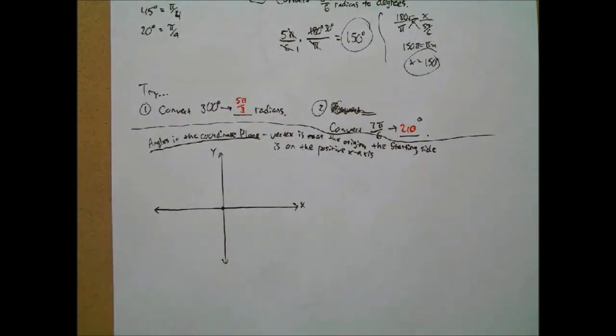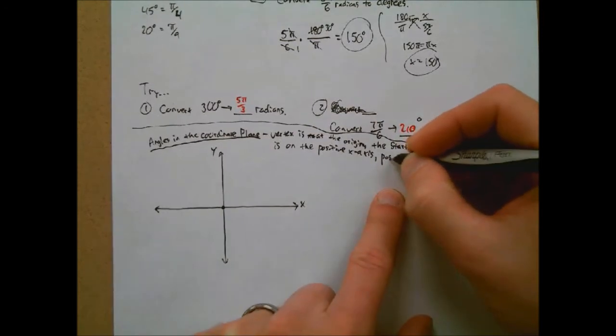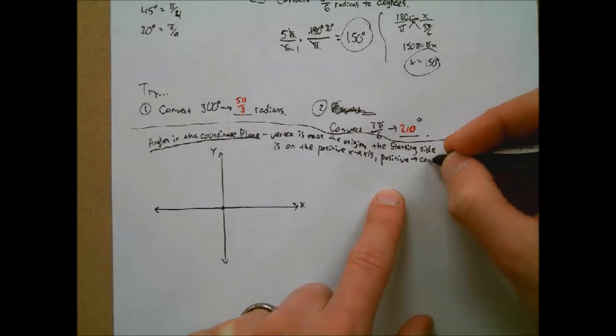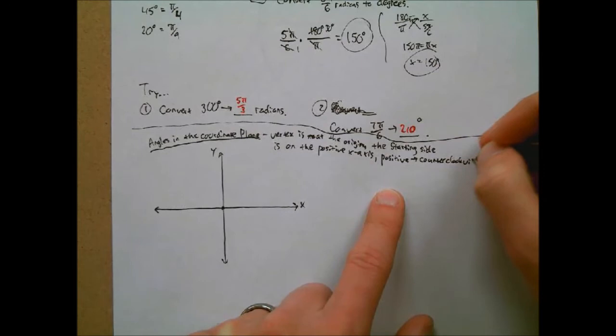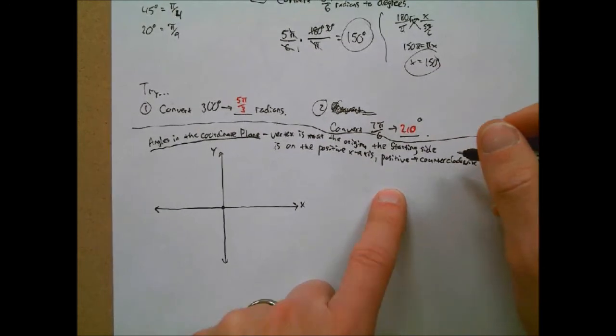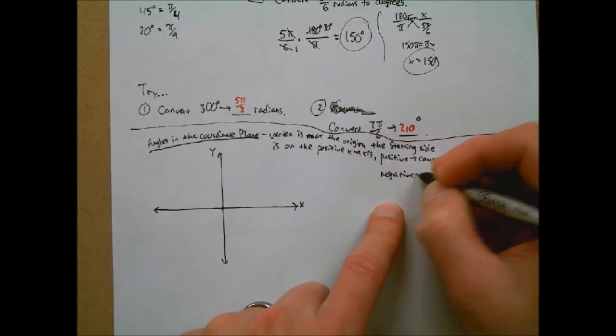And then positive will go counterclockwise. And since we designated positive as counterclockwise, that means negative will be clockwise.